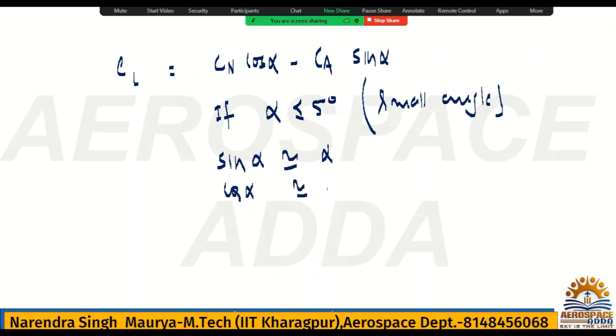For a small angle, alpha is approaching 0, so what is cos 0? It is 1. So CL will be minus Ca into alpha, you can write it in this way. Yes or no?